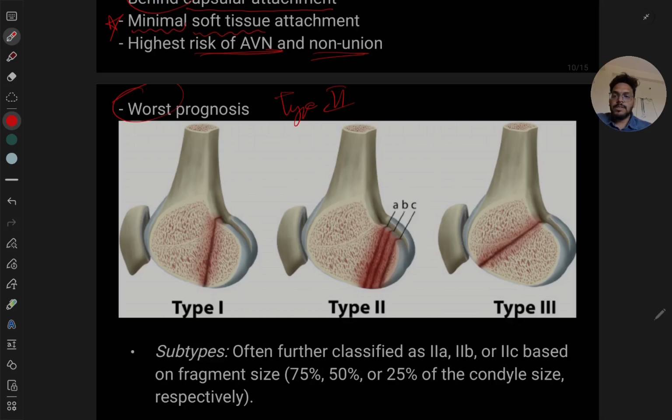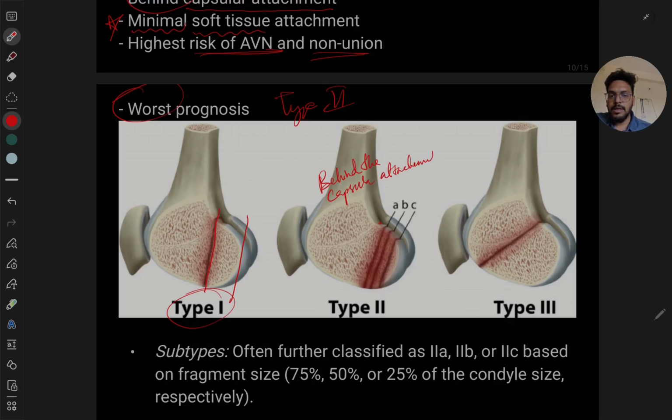So what are the subtypes in type 2? As you can see in the diagram, type 1 is a vertical fracture parallel to the posterior cortex. Type 2 is behind the capsular attachment.